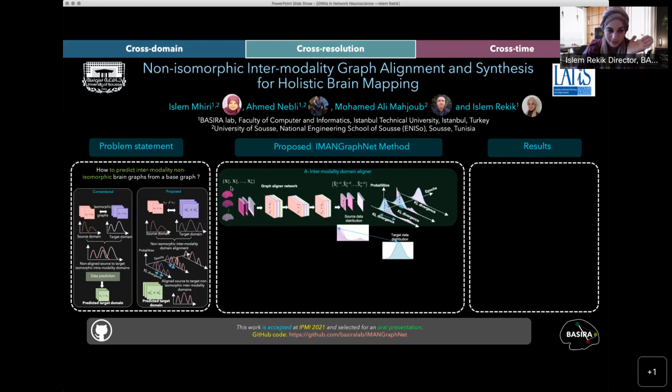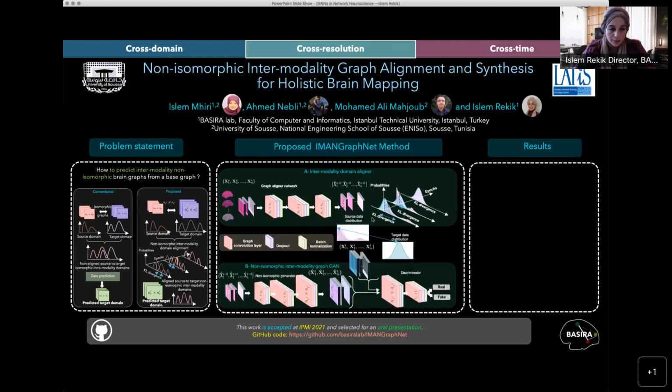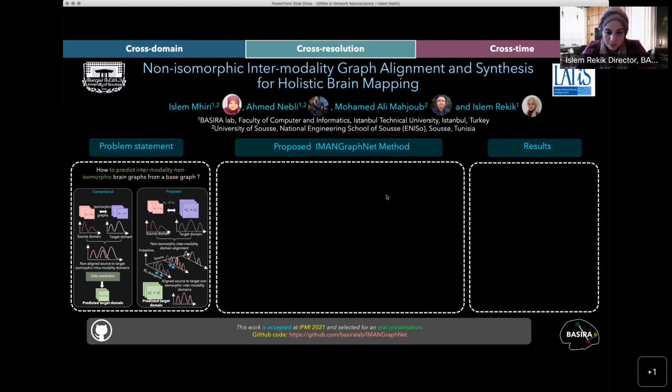So we have N training graphs or connectomes, brain connectomes, for the source domain. S is the source domain. We define what we call a graph aligner network here. It is composed of different layers: graph convolution, dropout, and batch normalization.